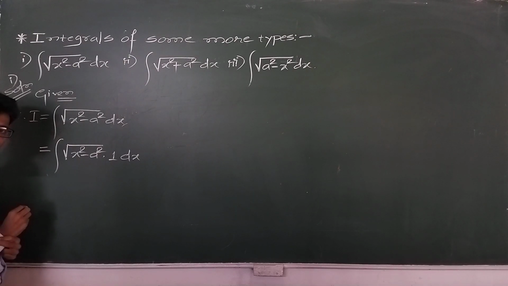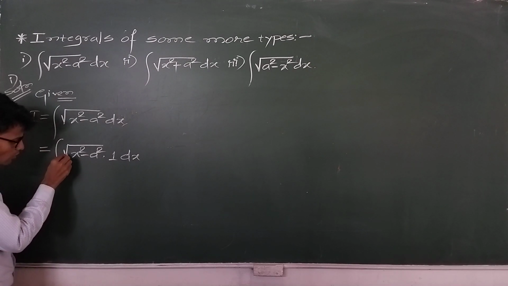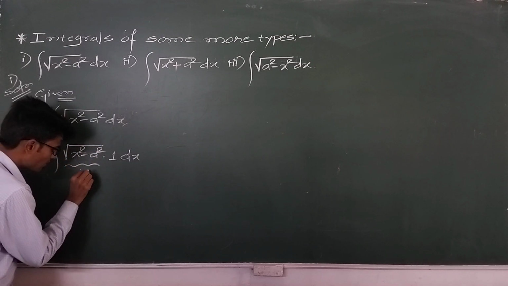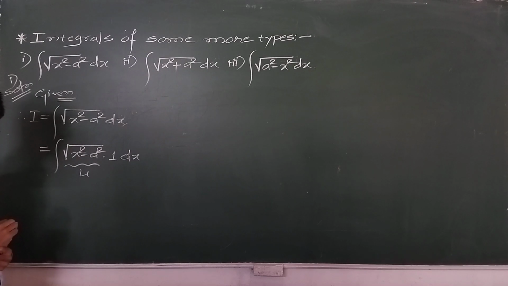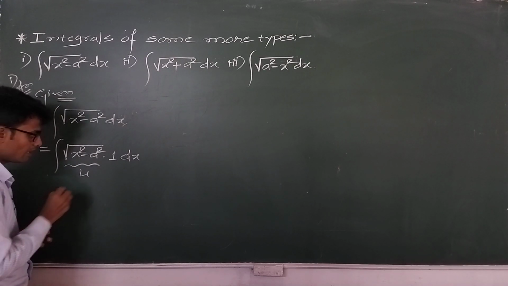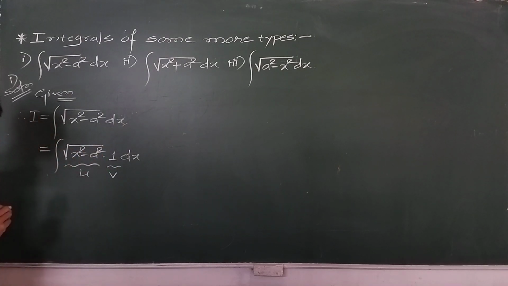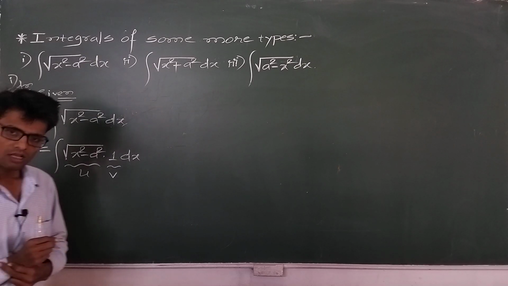And consider here the square root of x square minus a square is the first term, we call it u, and the constant 1 is v, the second term, and now how to apply the integration by parts formula.